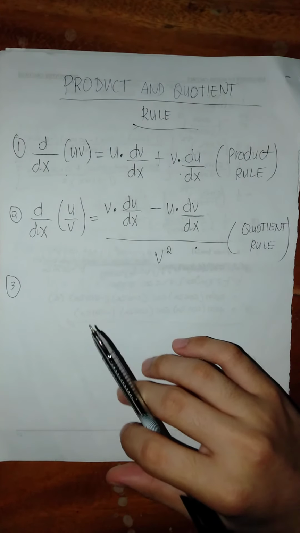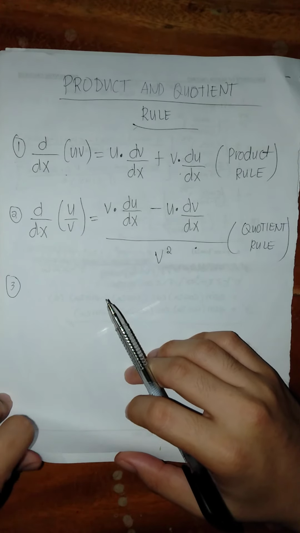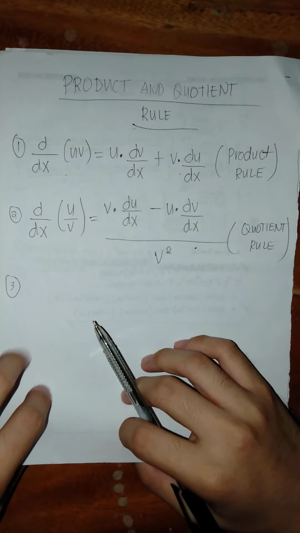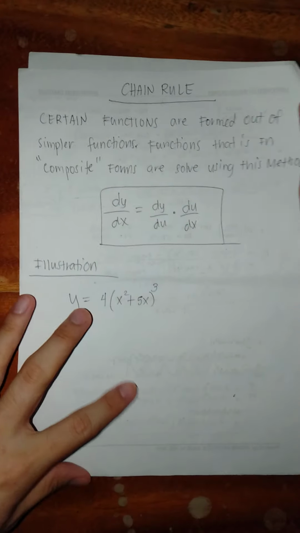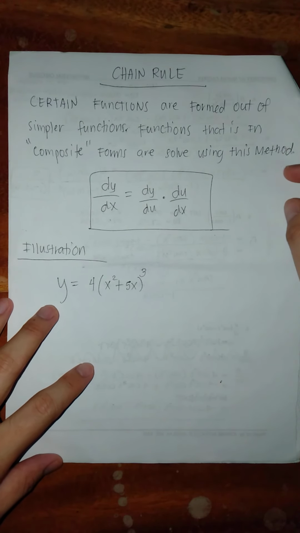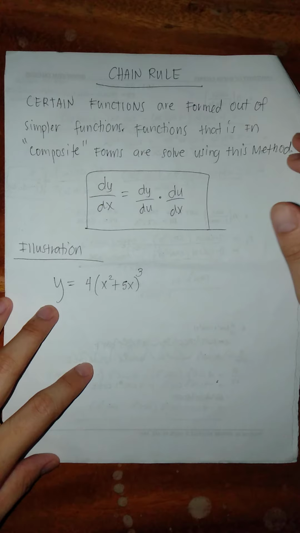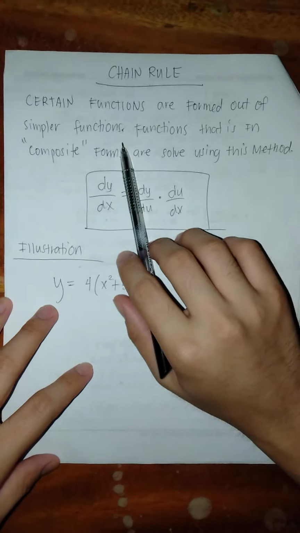Then, we also discuss the third type of foundation, the heart topic about differential, which is the chain rule. Paano ba nag-work ang chain rule, guys? Certain functions are formed out of simpler functions.